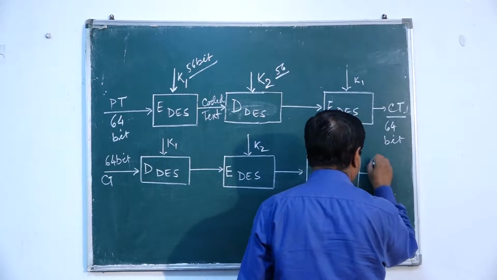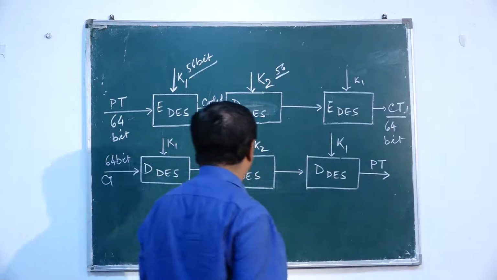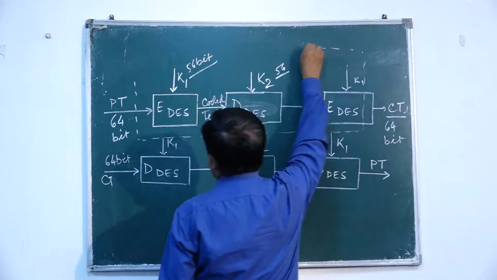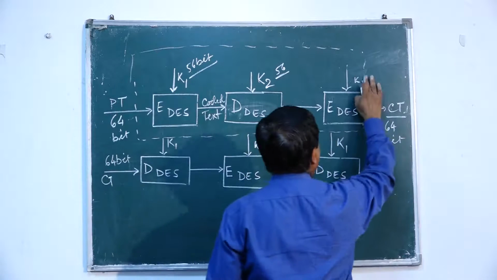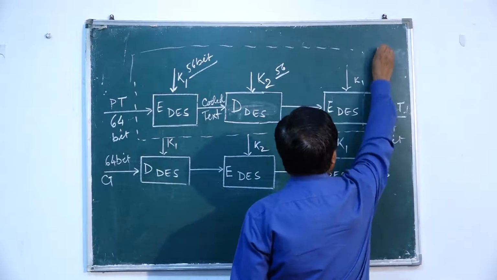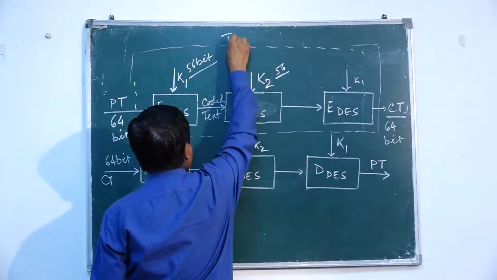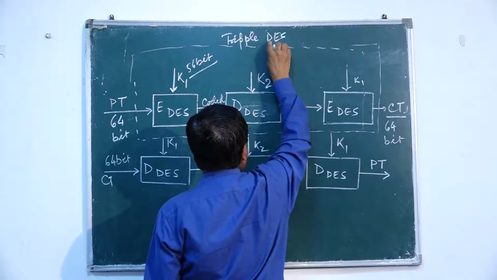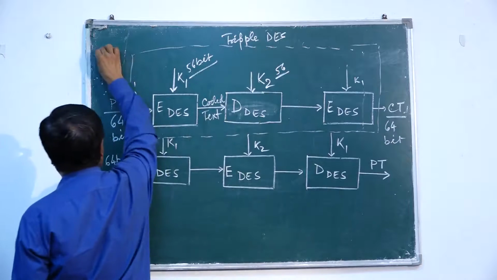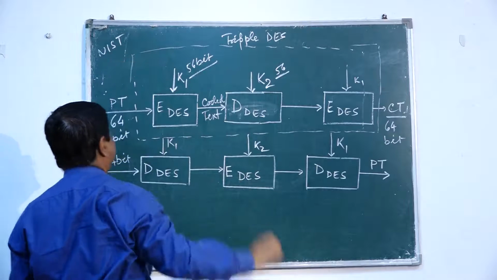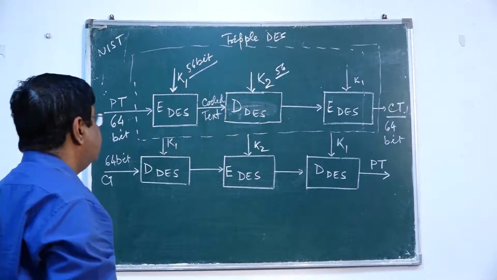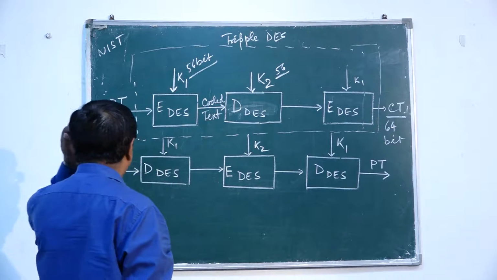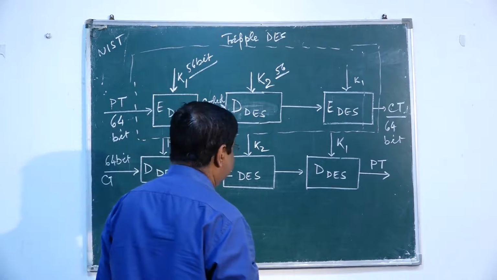Now, here we get the 64-bit plain text. So, this is the entire process of triple DES. Of course, it has been given by NIST, the National Institute of Standards and Technology. In this way, we get ciphertext from plain text.